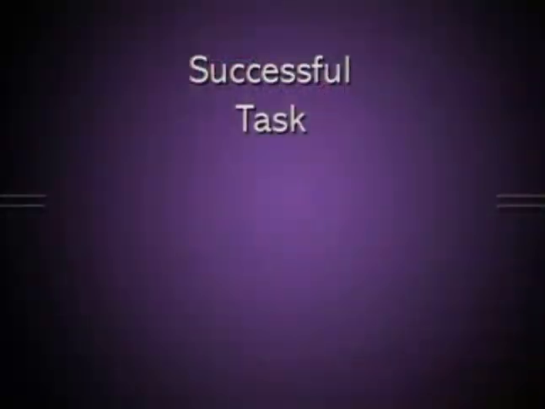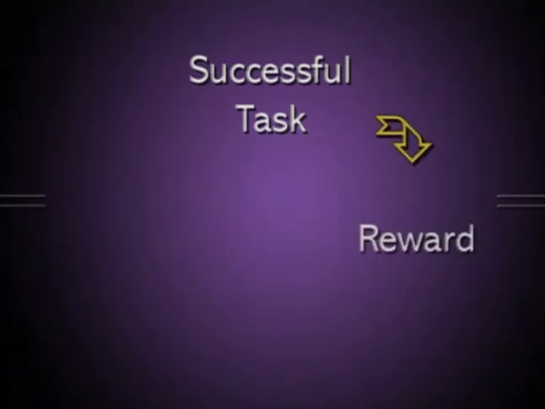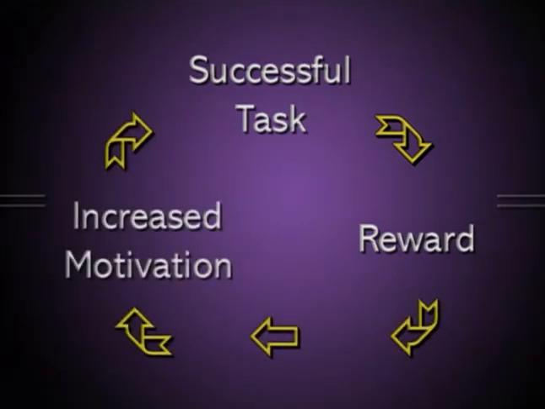Her view is such that, and she has several examples in research to show this, but basically the view is, over time, if we seek out a very challenging task and we're successful at it, again and again this happens, and also if we're rewarded by others for putting in an effort, for trying to seek challenging tasks, eventually these things cycle back and increase our motivation to seek out mastery.